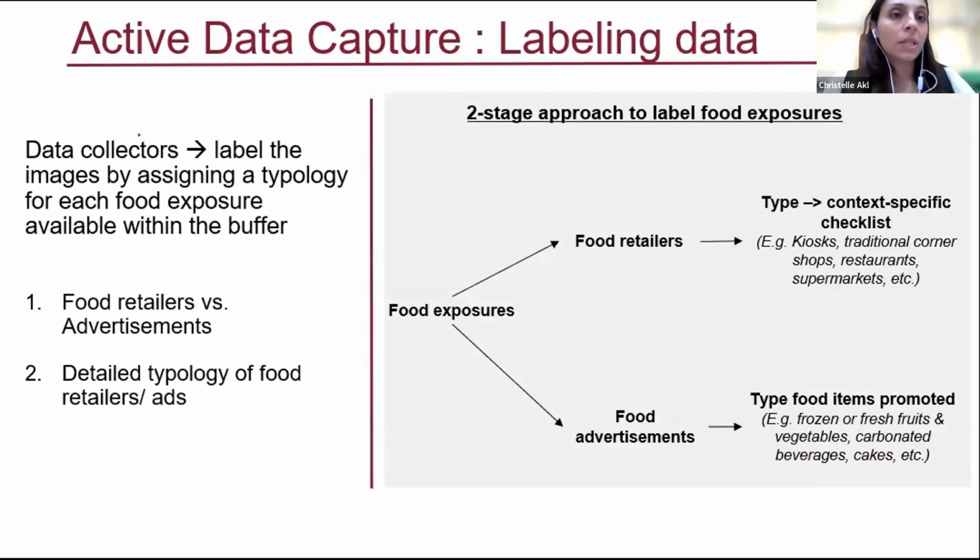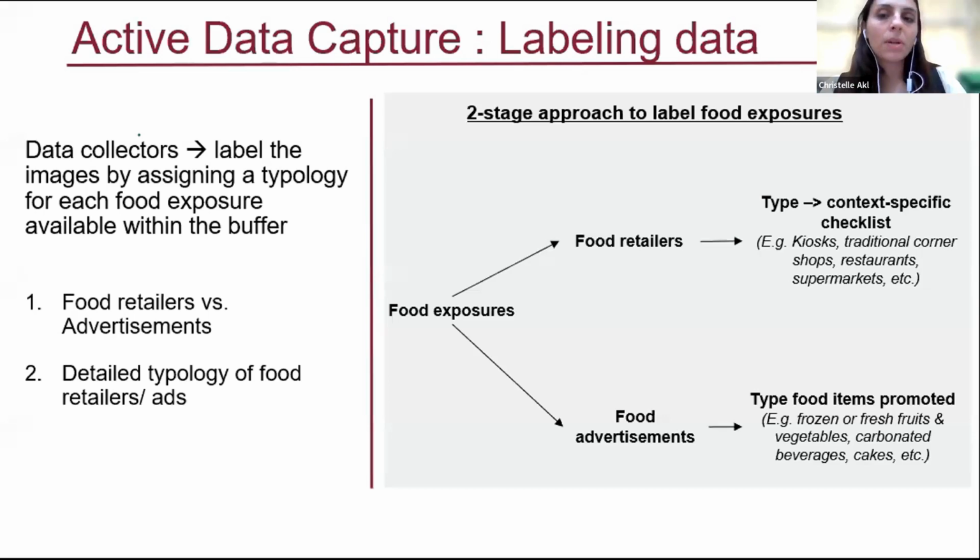Next, we asked data collectors to label the images by assigning a typology for each food exposure available within the buffer. And we followed a two-stage approach to label food exposures. First, we asked data collectors to classify food exposure as food retailers or food advertisement, and this was the first layer of labeling. Then we asked data collectors to further classify retailers by type using a context-specific checklist, which I will be talking about in the next slide.